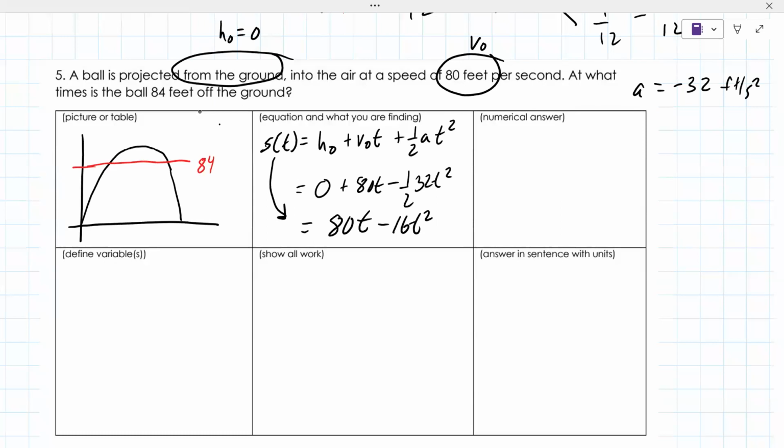If you're wondering why acceleration is negative, your acceleration is down, due to gravity. I think now I can remember. She just told us to use negative 16t squared and then the velocity, which in this case is plus 80t. Yeah. This equation's from physics. It's reasonable in certain situations.